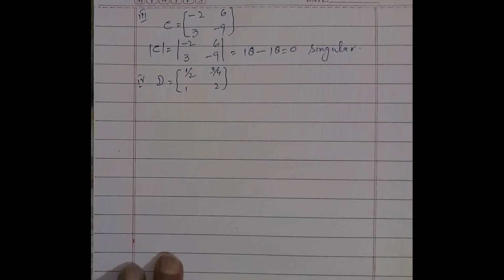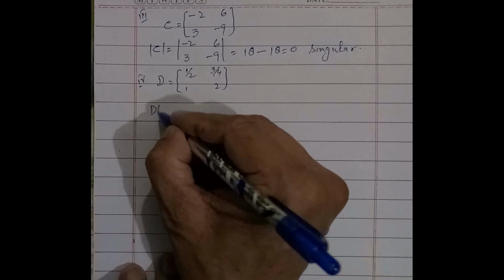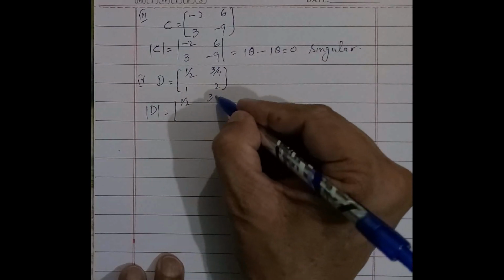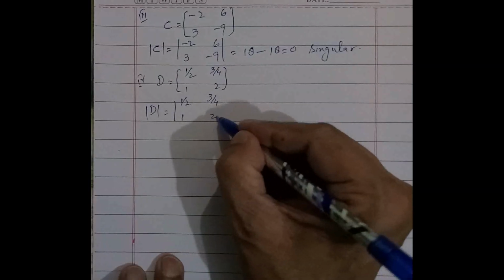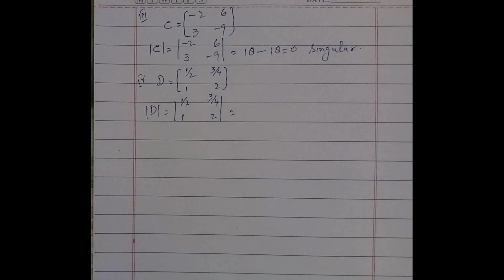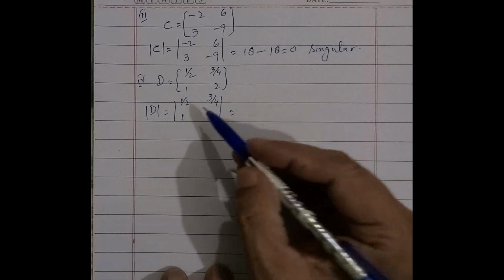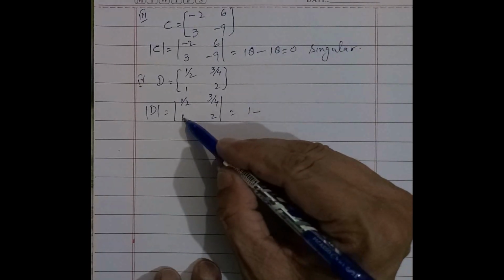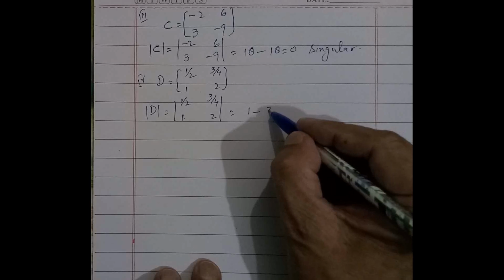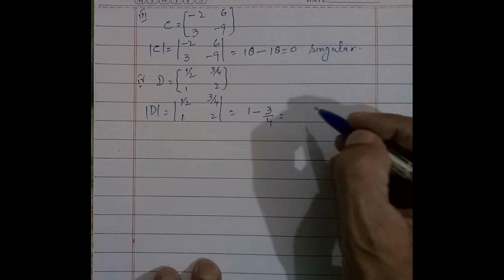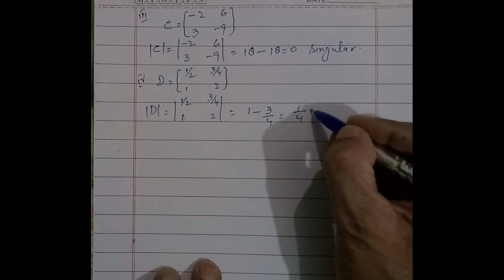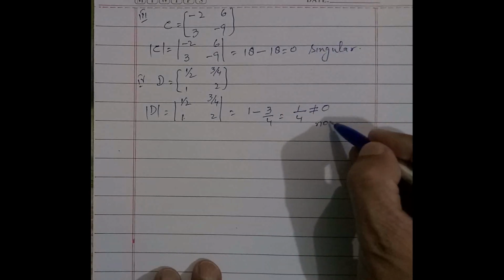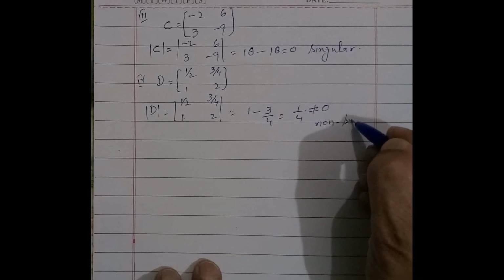And we find the determinant of D. 1 over 2 multiplied by 2 is equal to 1, minus 1 multiplied by 3 over 4 is equal to minus 3 over 4. When we simplify it, we get 1 over 4, which is not equal to 0, so it is non-singular.